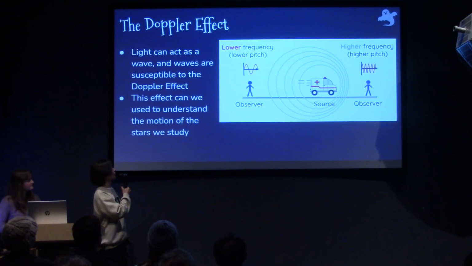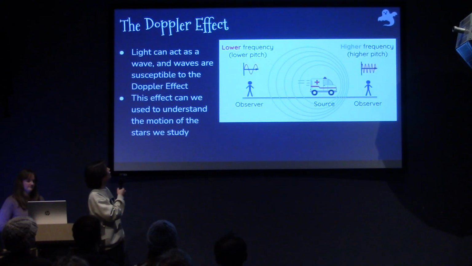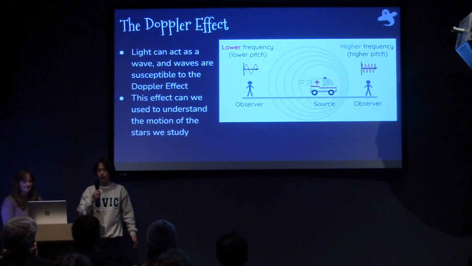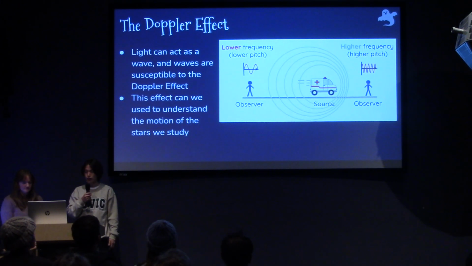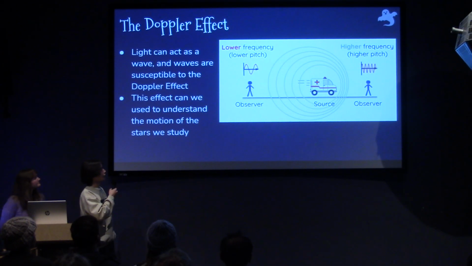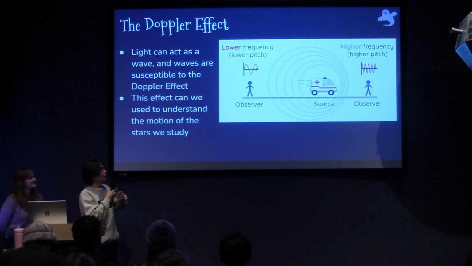Now, what can you actually do with a spectrograph like GHOST? Well, for waves like sound and light, there's something known as the Doppler effect. Most people have actually experienced the Doppler effect. On my way here, I drove past an ambulance.